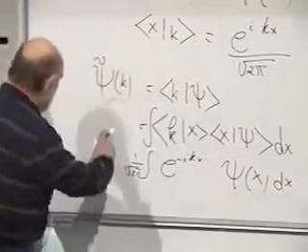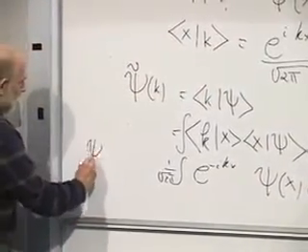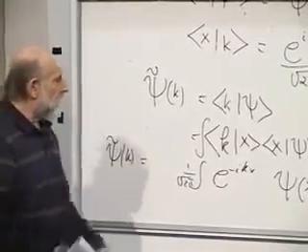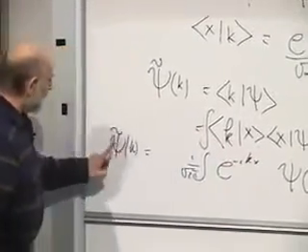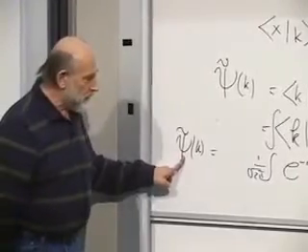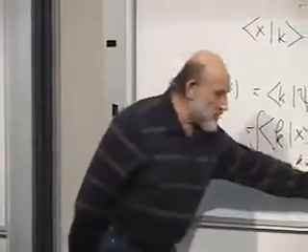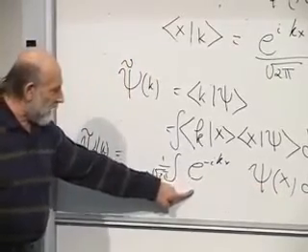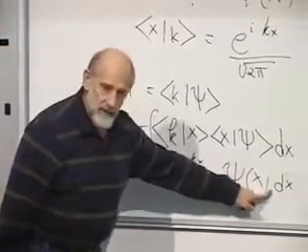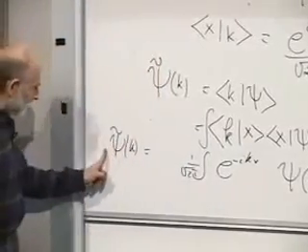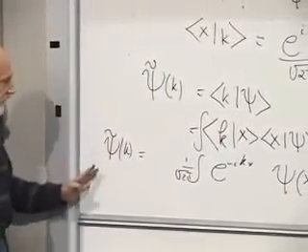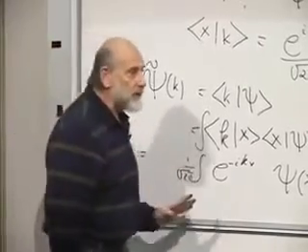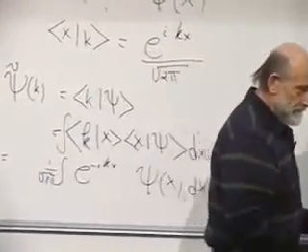That's equal to psi twiddle of k. What's the bottom line? If I want to know the probability for a given momentum, I take the wave function as a function of position, I multiply it by e to the minus i kx, and I integrate. That gives me a function of k, and that function of k is the thing that you square to find the probability for different momentum. Okay?